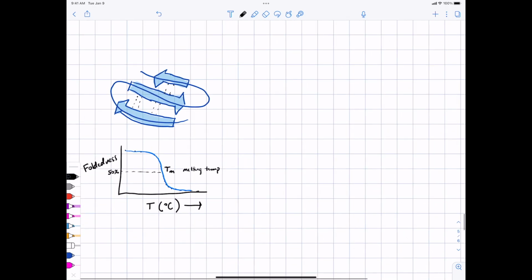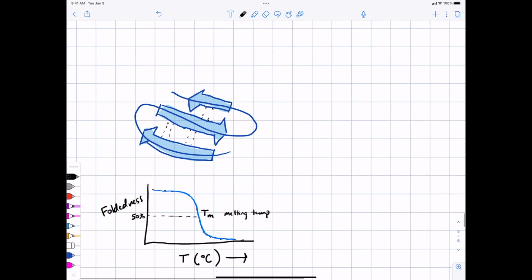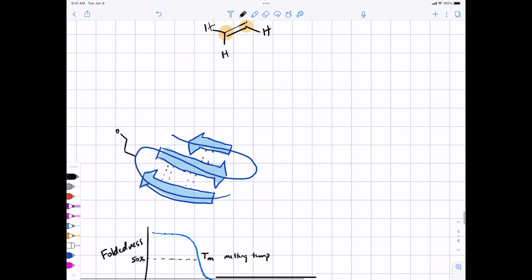Now, for various reasons, one of my students asked the question, if we attached something unnatural to an amino acid side chain, and suppose the thing that we attached had a terminal olefin.